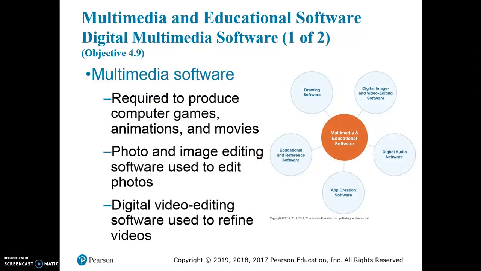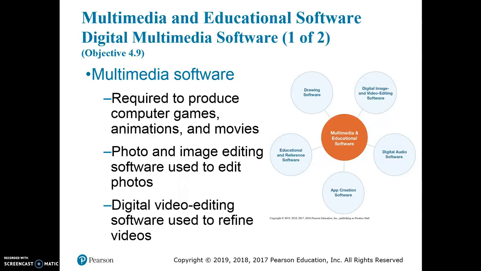Multimedia software. This is required in order to produce computer games, animations, and movies. Photo and image editing software are used to edit photos. You got it. And then we have digital video editing software, which is used to refine videos. So there's all kinds of different software out there depending on what you want to do with it.